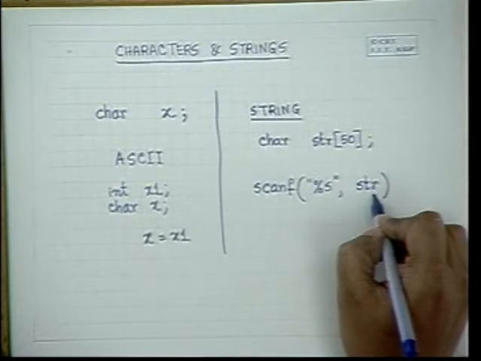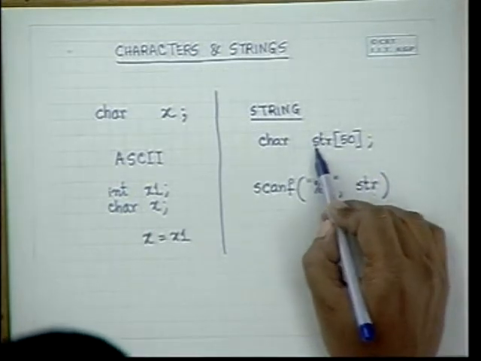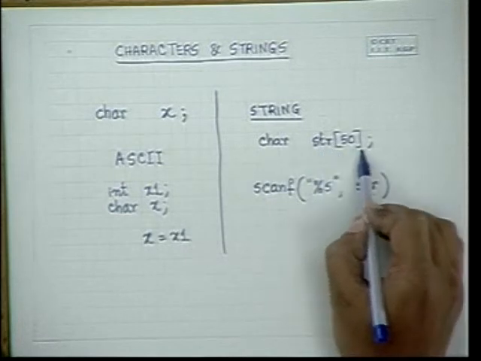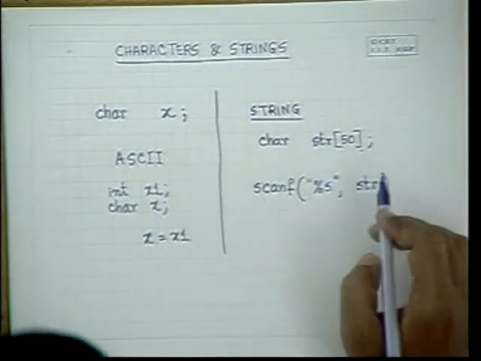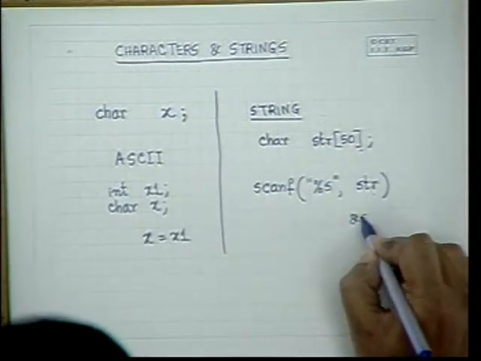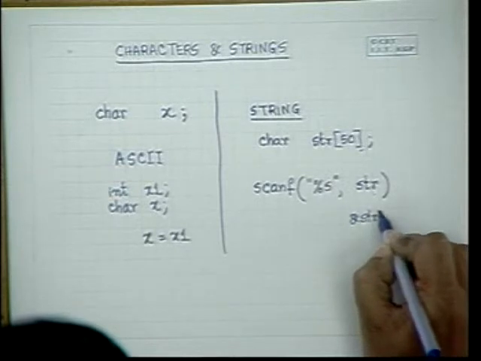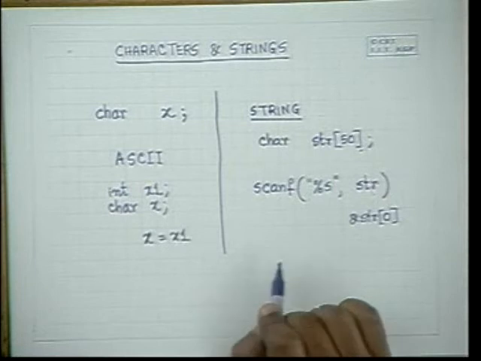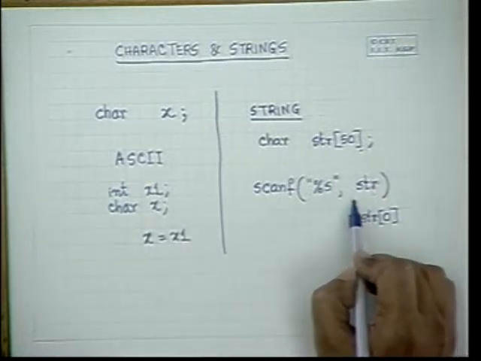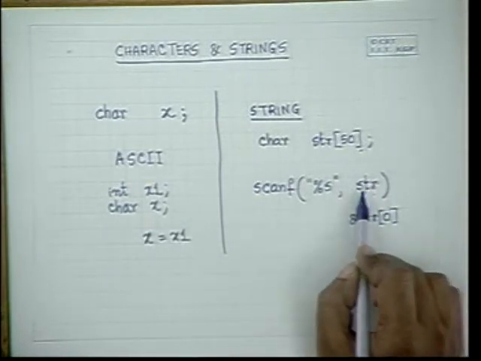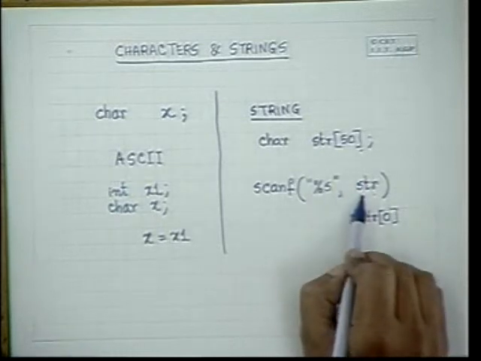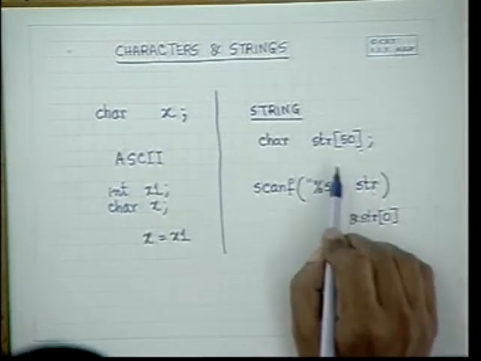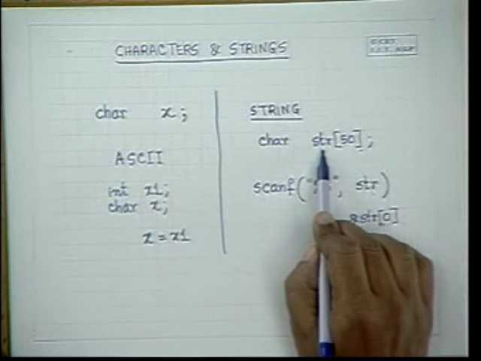The name of the string is sufficient to provide you the address of the string, which is the same as &str[0]. We'll see array indices and addresses to find out. So you have to give the starting of the string or the address of the string, which is equivalent to giving the name of the string.